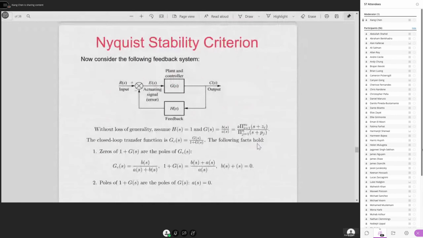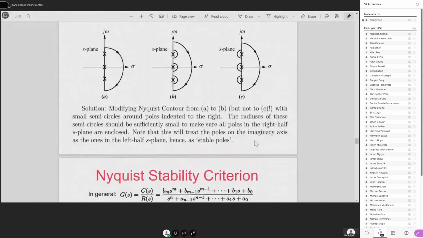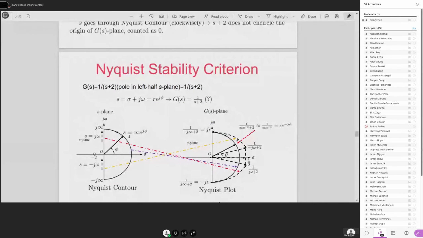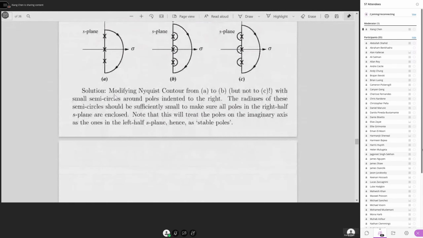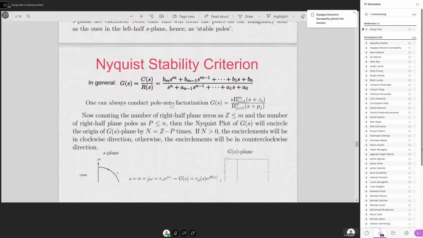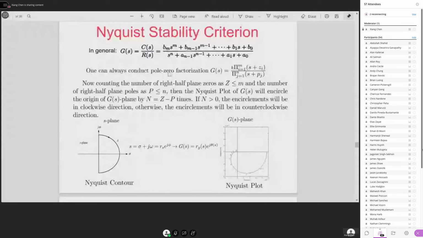Because this is just a simple evaluation of a single pole and single zero, now we're going to move to the general case. Let's say I have a transfer function G of s in general format. It doesn't matter what kind of transfer function you have, it's always the ratio of two polynomials, the numerator polynomial and the denominator polynomial, right?